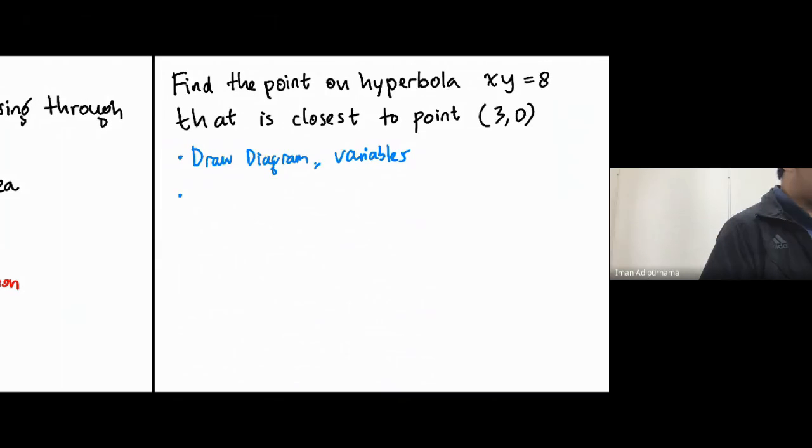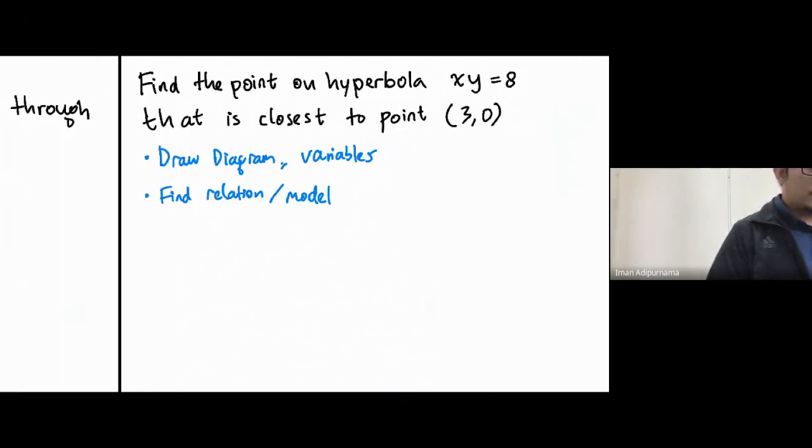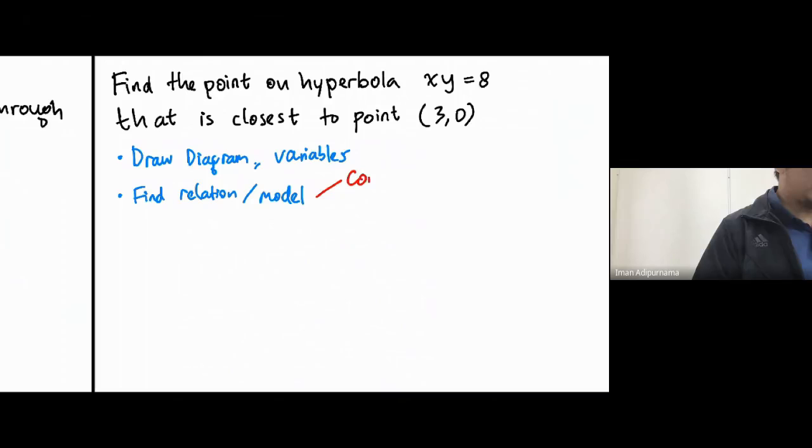And then find a relation or model. And you have the constraint and you have the optimization.